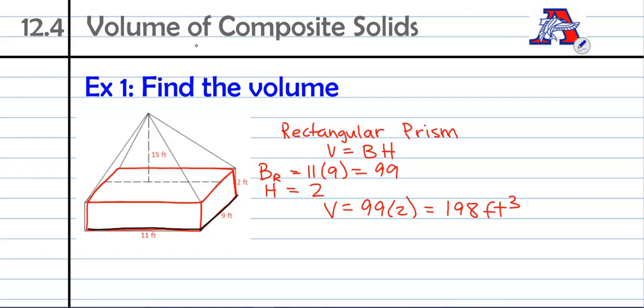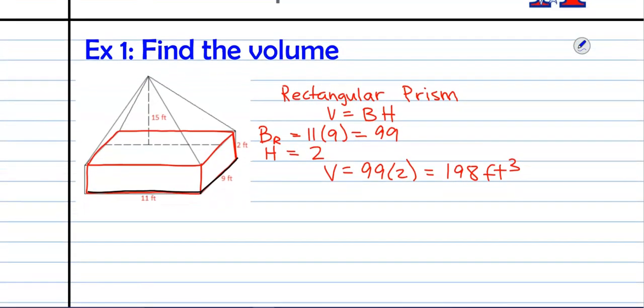And then the next one is this rectangular pyramid. We haven't done much of those, but it's a thing. A rectangular pyramid has the formula one third base times height. The nice thing is the base is exactly the same.